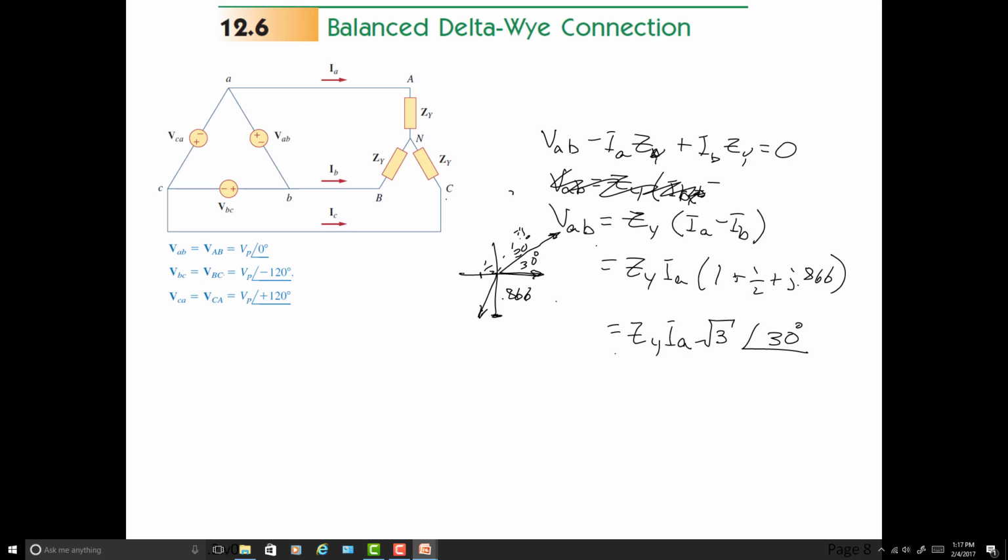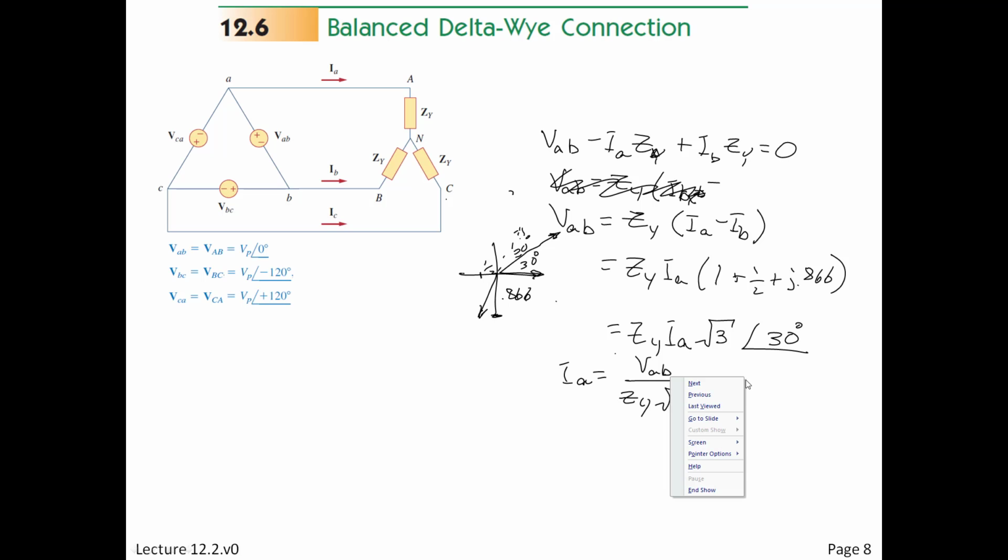Okay, so this starts with the phase and the line voltage, and we're almost down to the line current now. So we can get IA is equal to VAB, the phase voltage, divided by Z of Y times the square root of 3 at an angle of 30 degrees.